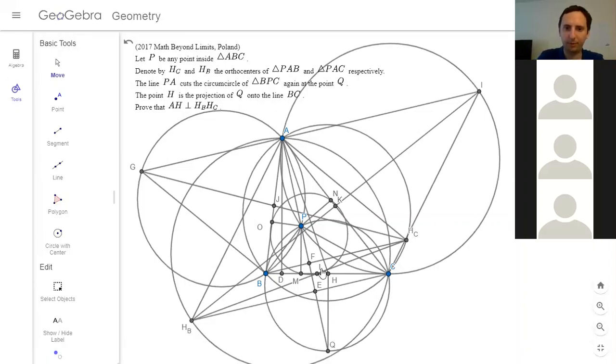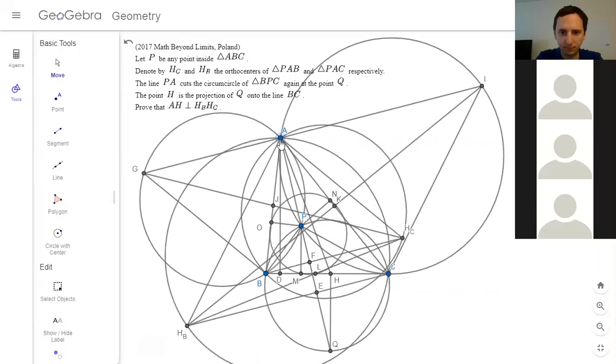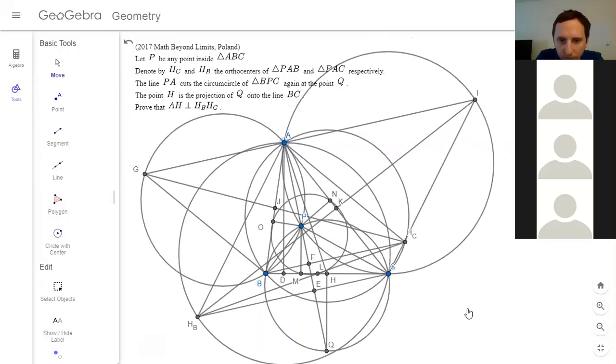And I noticed something. So L passes through the pedal circle of P. So if we knew that, and I think that's what the link shows, then okay, let's say that was actually true. Would that help us solve the problem?